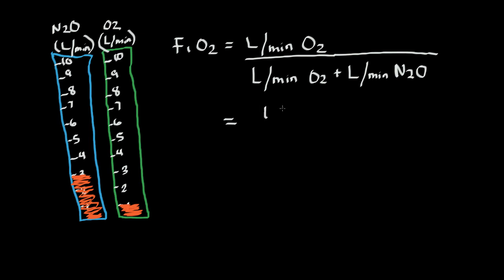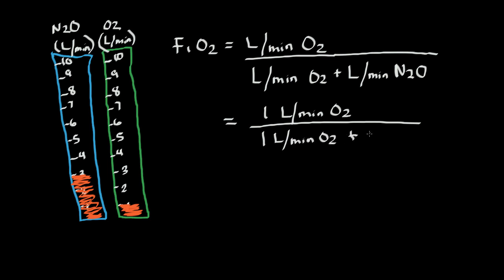Well, we have 1 liter per minute of oxygen, and in the denominator we have 1 liter per minute of oxygen plus 3 liters per minute of nitrous. So notice that the total number of gases will always go into the denominator. Let's add this up.